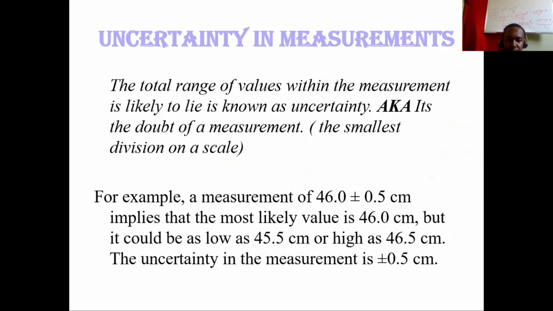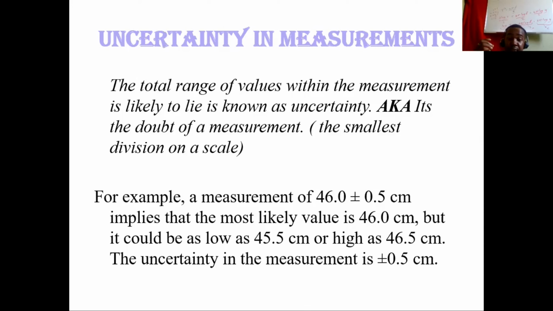All right, so we look now at uncertainty in measurements. The total range of values within which the measurement is likely to lie is known as your uncertainty. So it's basically a doubt of your measurement, which is the smallest division on a scale. Let's look at what exactly that means. If you use a ruler, you notice that each small reading on your centimeter ruler is 0.1, right?